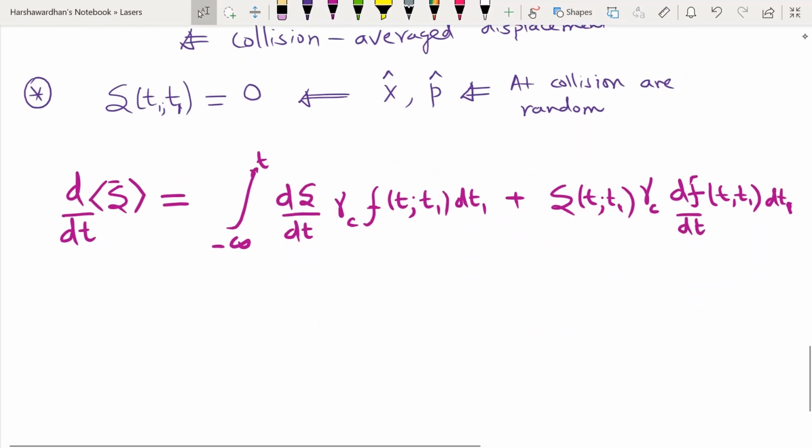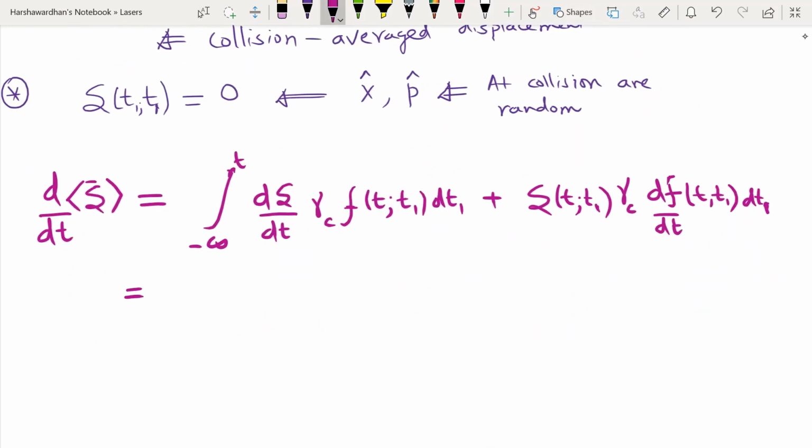So again, this equation can be expanded, and we know that from equation number 3, I can get the form for ds over dt. So this will give me, integrating from minus infinity to t, ds over dt will give me minus i omega naught S, right?